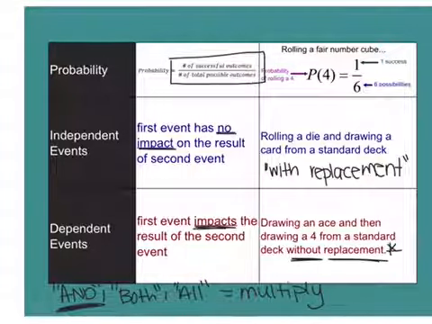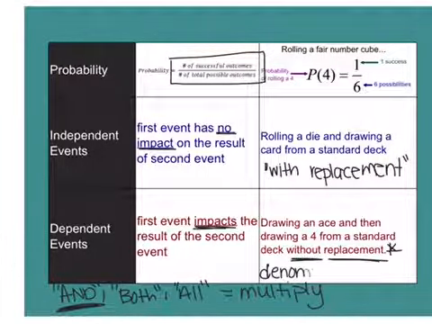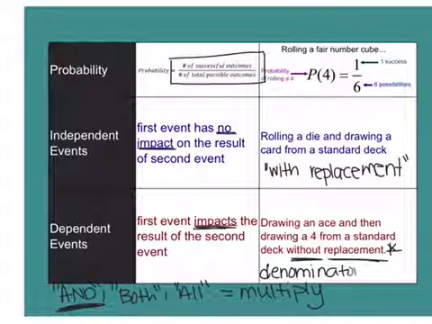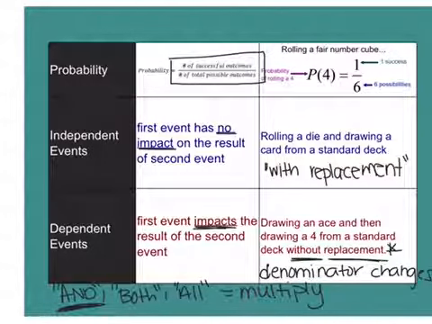If I take an ace and then I put it in my back pocket and then I draw a 4, I only had 51 cards to draw from that second time. So another thing you can think of is when your denominator changes, then it's going to be a dependent. So if that bottom number of your fraction is going to change, your total options you have is going to change, then it's going to become a dependent event.